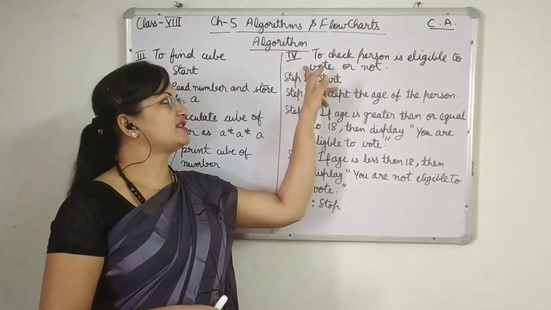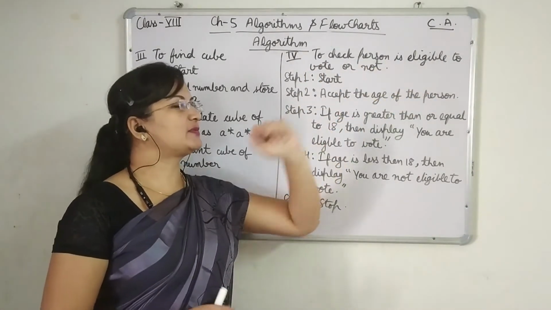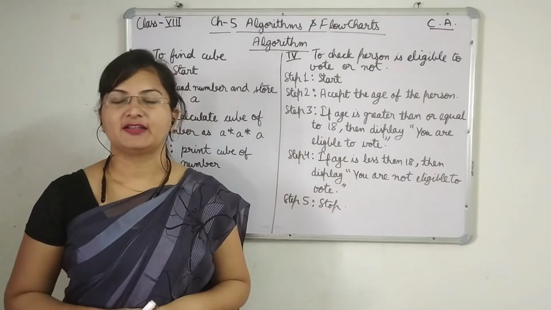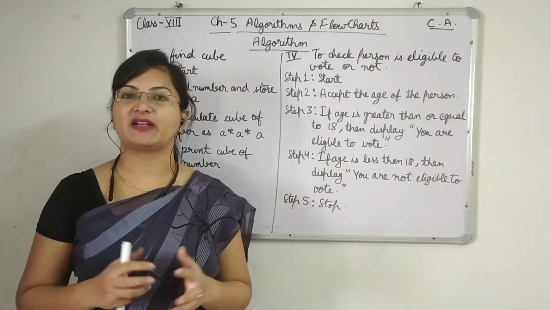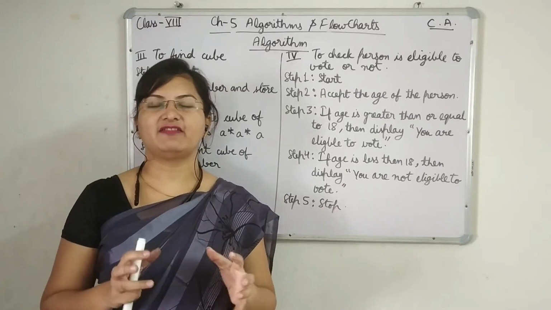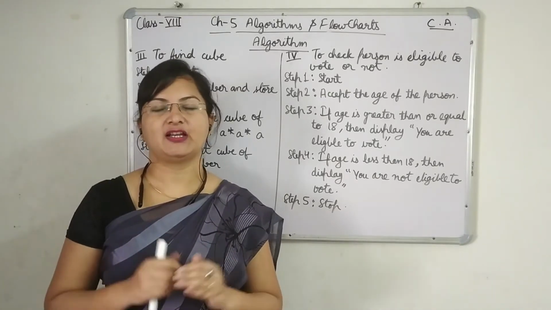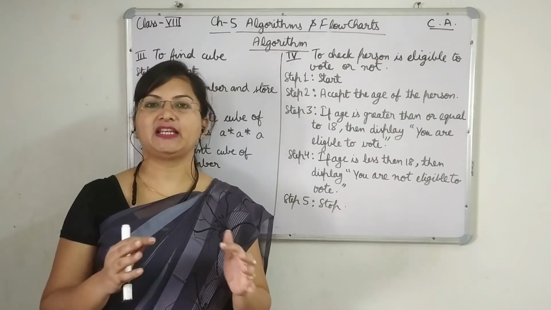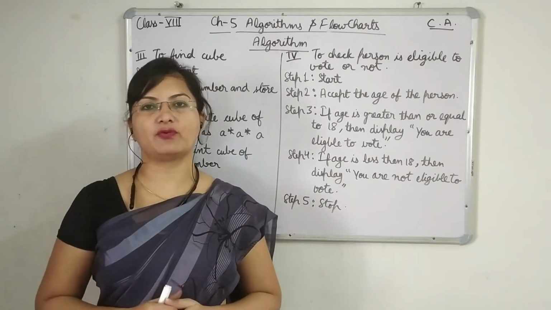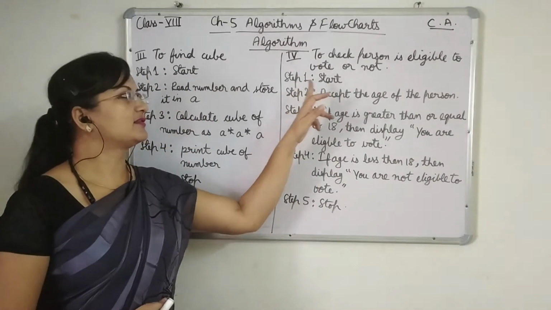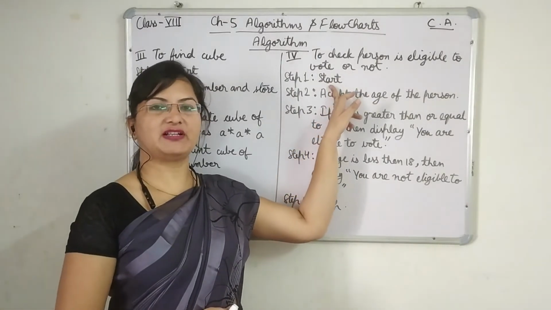The same way students, to check the person is eligible to vote or not. Students, I think you might be knowing that if the person is 18 or above 18, then he or she is eligible to vote. So students, for that you have to write step 1, that is start.